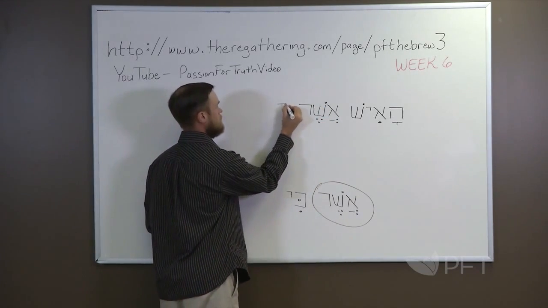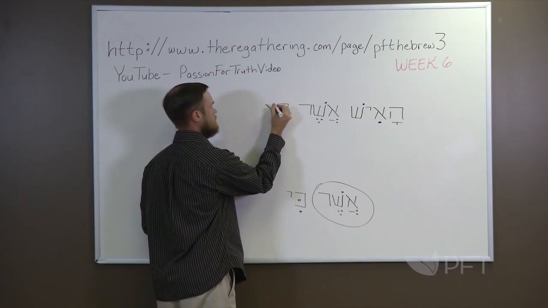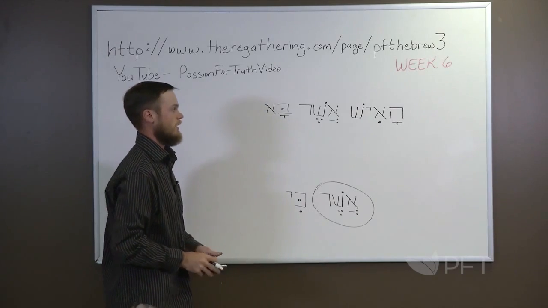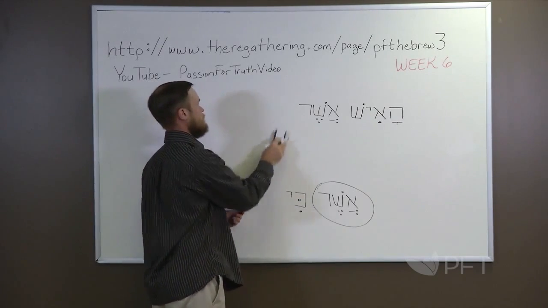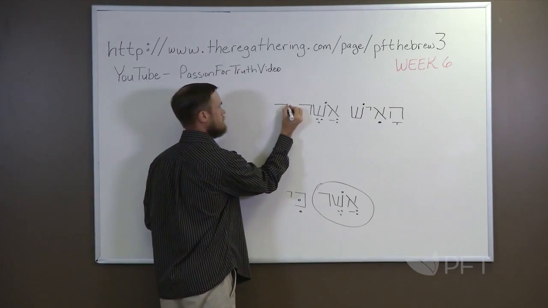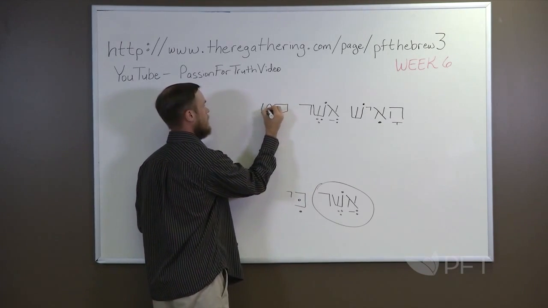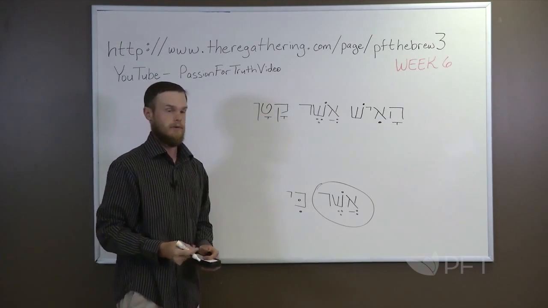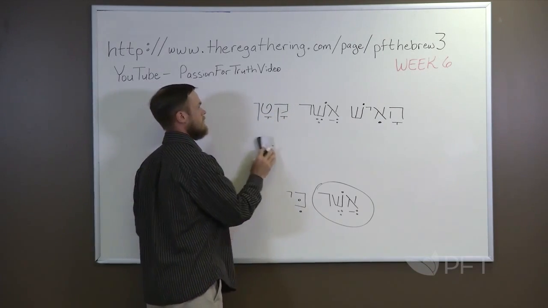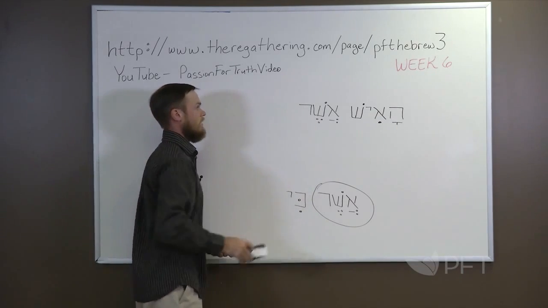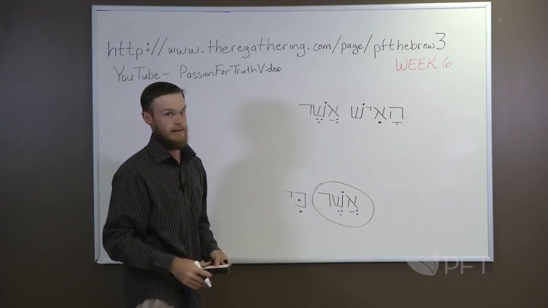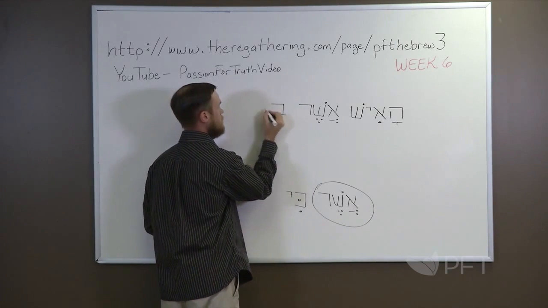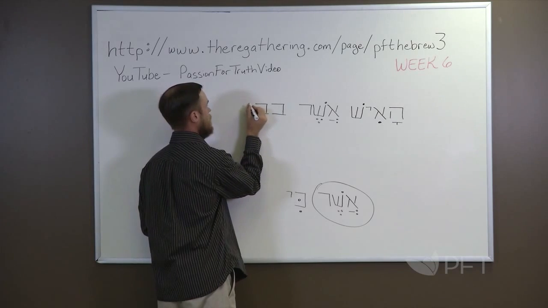The man that is coming: ha'ish asher ba. The man that is small: ha'ish asher katan. The man that is in the house: ha'ish asher babayit.